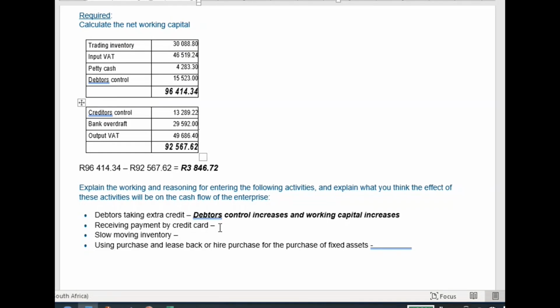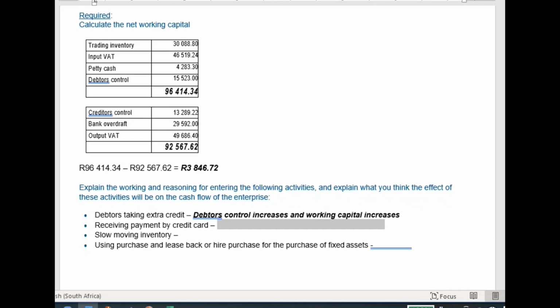What about receiving payment by credit card? Okay, if we receive payment by credit card, actually it's our cash that's increasing, and therefore our working capital will increase again. Remember, when we receive a payment by credit card, that has got nothing to do with us. It's not a credit transaction.